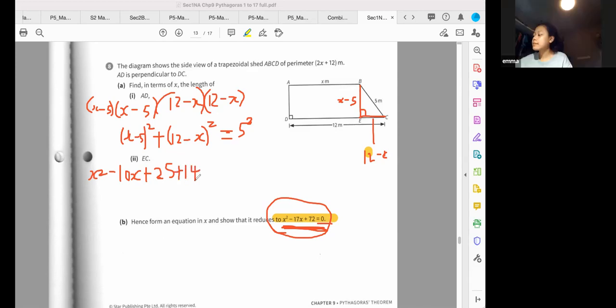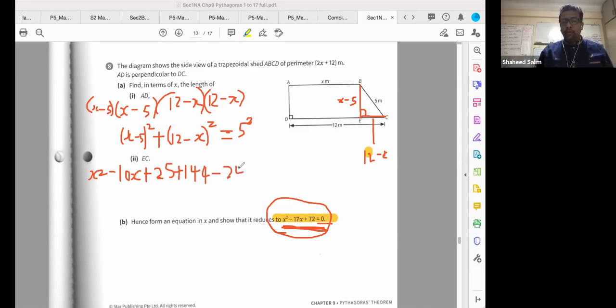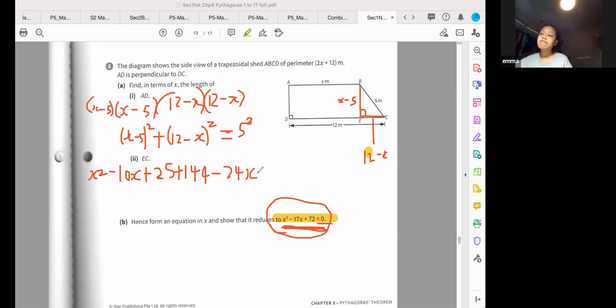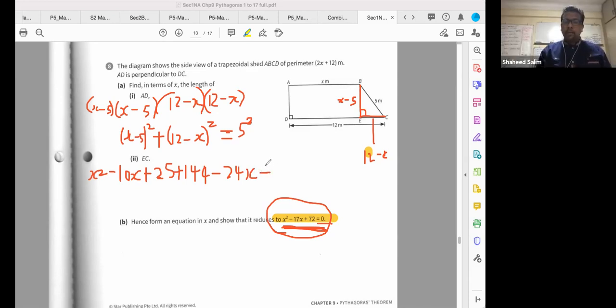And then you have minus 24x. I'm just giving you the final version, okay? And then plus x squared is equal to 25.